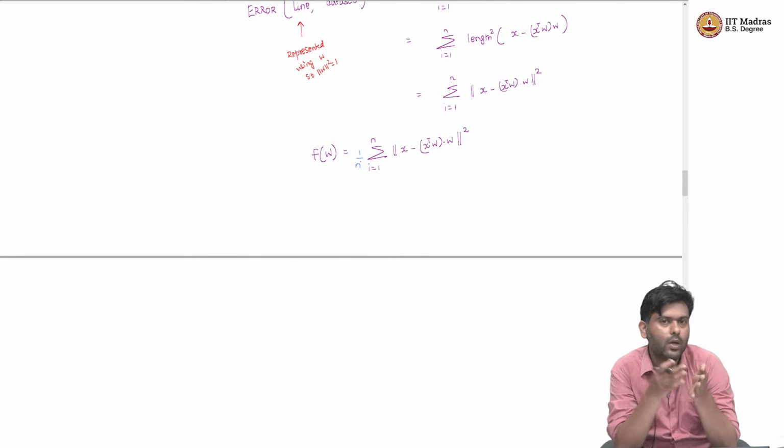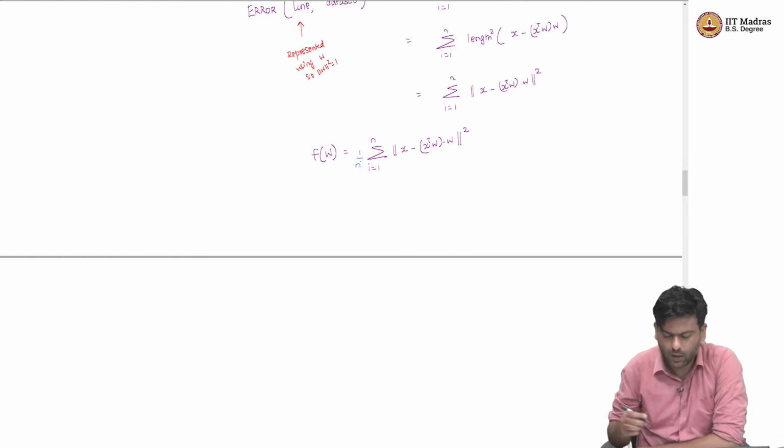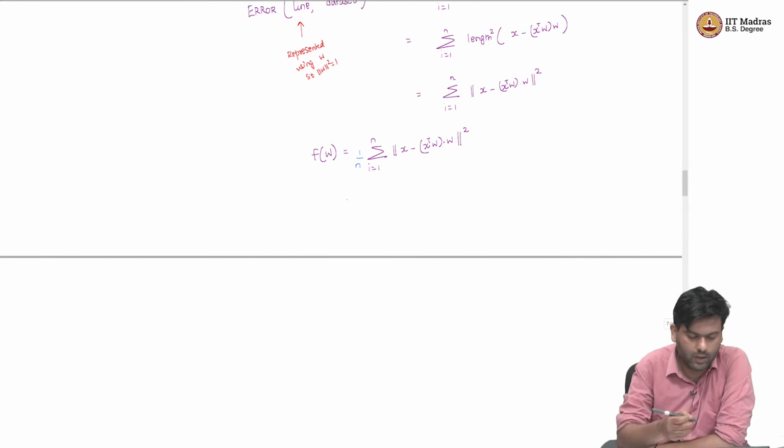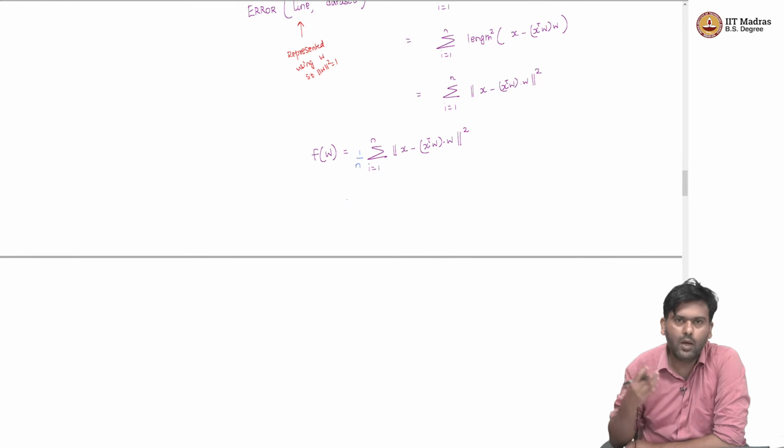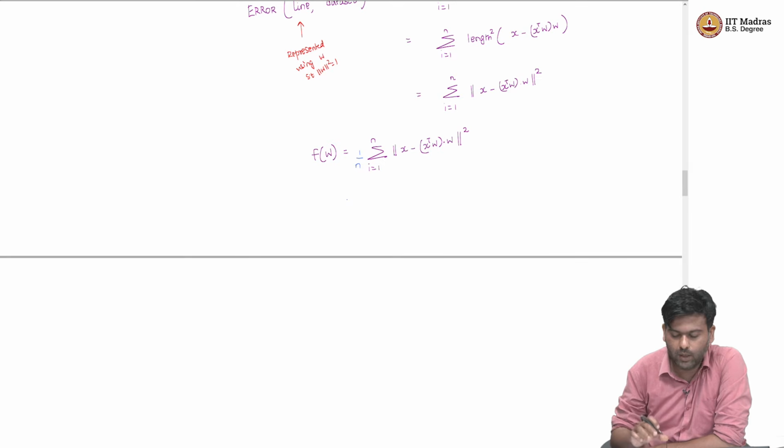If some w minimizes the sum of the errors, it is the same w that would also minimize the average error. The whole derivation would go through even if you think of the sum, but in terms of interpretability, we will see later why the average is a better thing to look at.